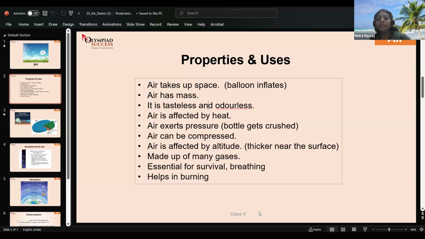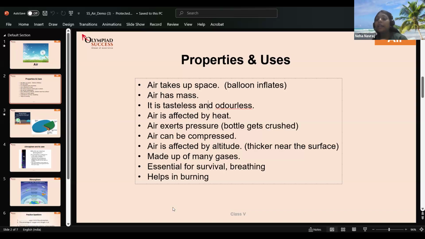Now next, it is essential for survival and breathing. So the point came here, like oxygen, what I talked about before. Oxygen is a very important gas which is useful for your living, because if there is no oxygen, you won't be able to breathe or survive. That's why it is essential for survival.